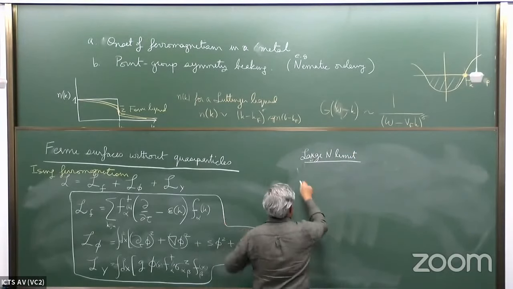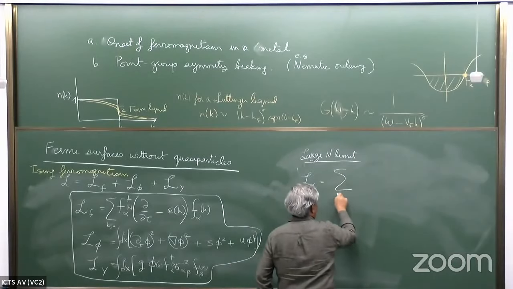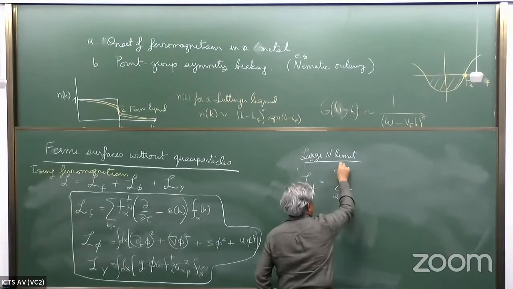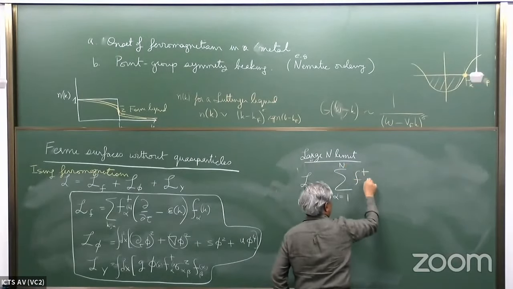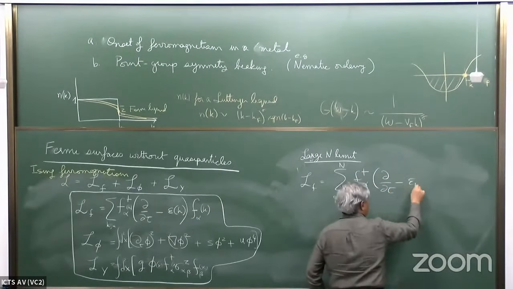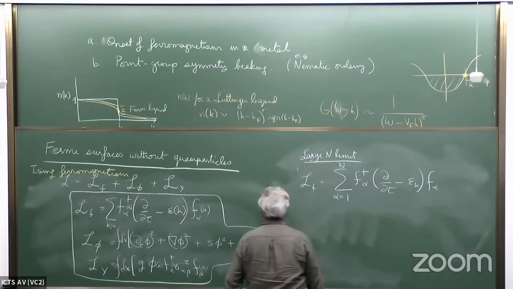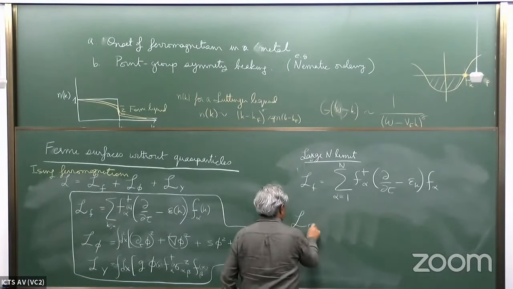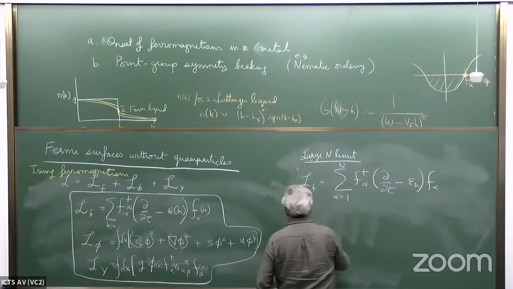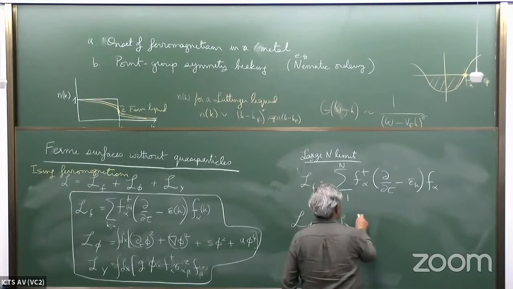So the first term will be the same. L sub f will be a sum on alpha, and alpha will go from 1 through n. Momentum is still perfectly well defined. And L of phi will also look exactly the same, except phi will now have n labels too.